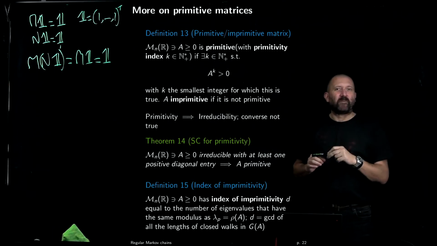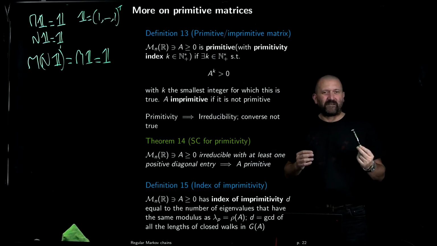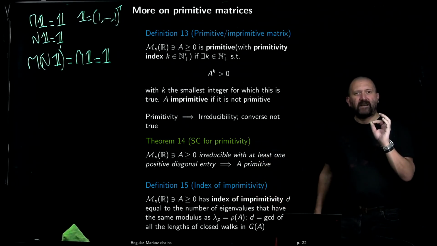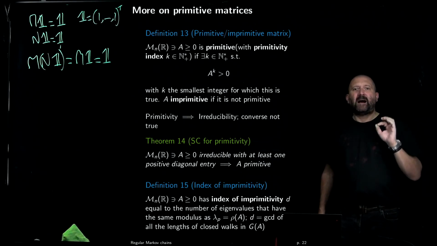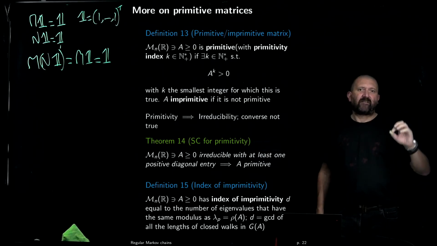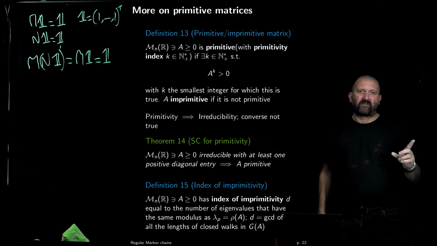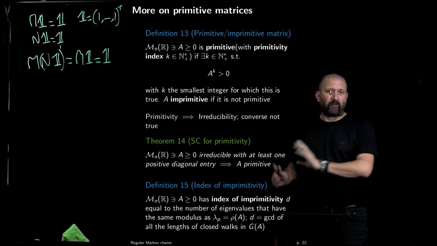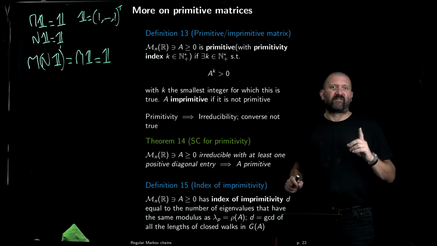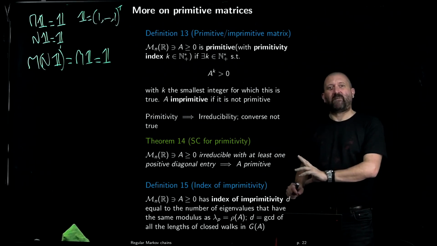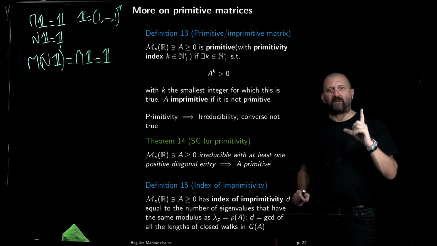The index of imprimitivity is essentially a number D, and we define it to be the number of eigenvalues that have the same modulus as the spectral radius of the matrix. Remember, from the Perron-Frobenius theorem, we know that the spectral radius is an eigenvalue.